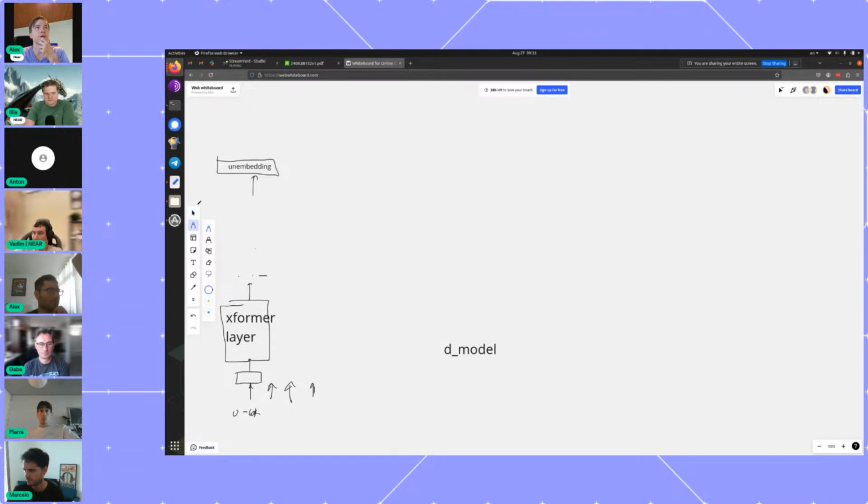So if you have 60K tokens, the unembedding will be effectively a matrix of size D model times the size of the vocabulary. And it will return you a vector of size vocabulary where every element is proportional to the logarithm of the probability that that token should be sampled, right? And then you exponentiate them, you get the actual probabilities.